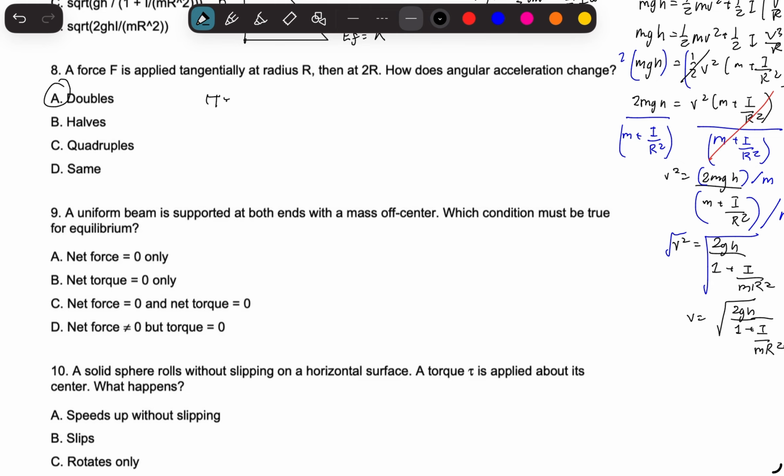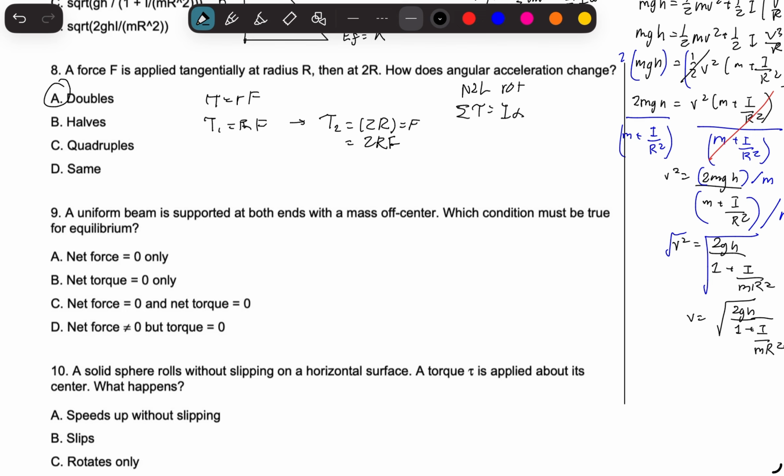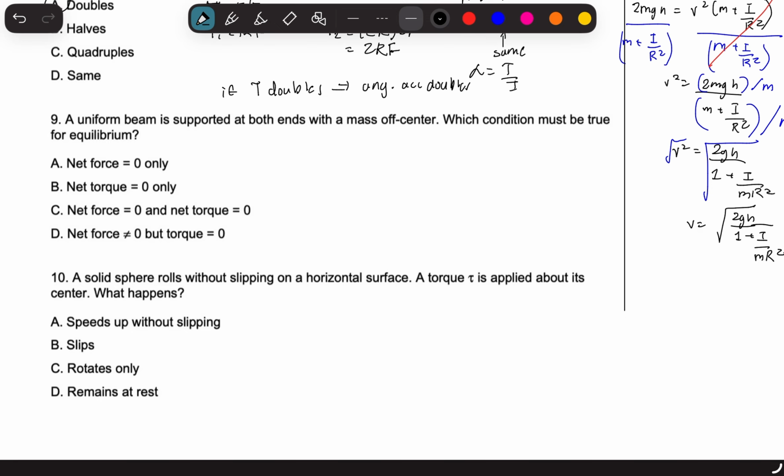The reason is, and then you use a solid sphere.